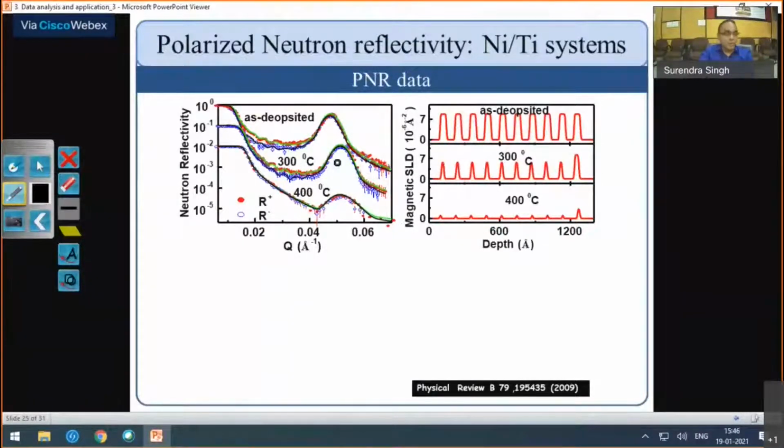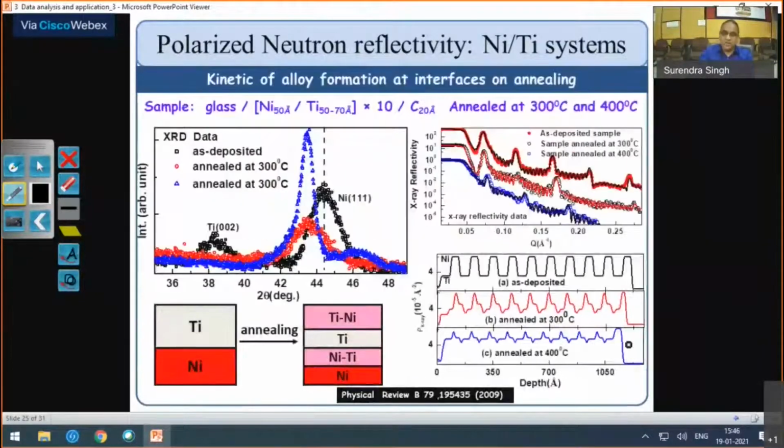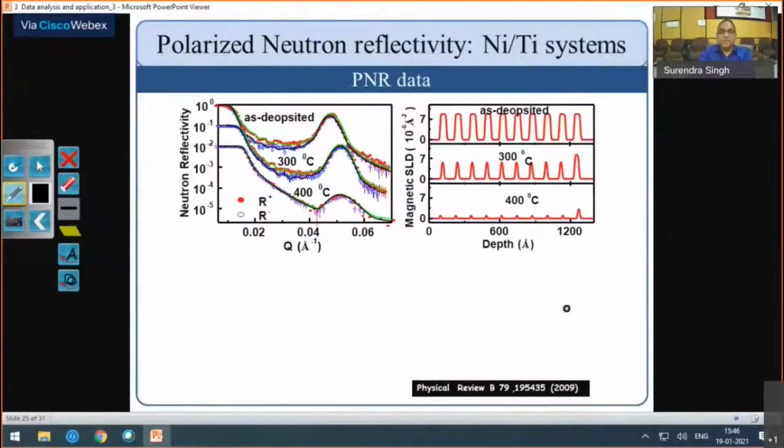From this we got a nuclear scattering density similar to what we obtained from X-ray, but the additional thing we got is the magnetization. The magnetic scattering density for as-deposited is nice for nickel, and zero for titanium. But when we anneal at 300, the nickel moment has gone down, and at 400 degrees Celsius there is almost no magnetization for these films, which are alloy.